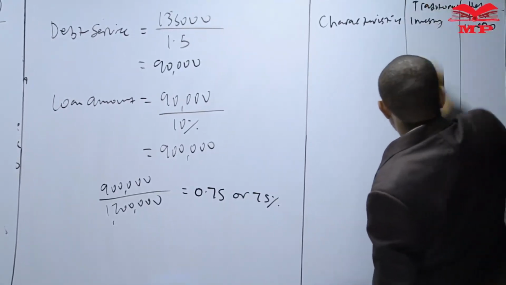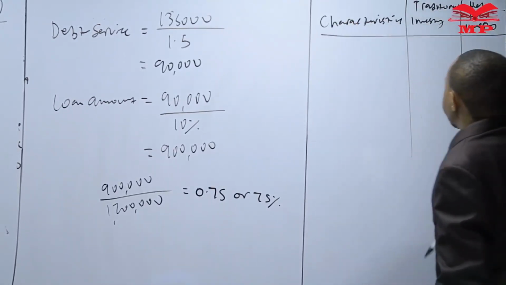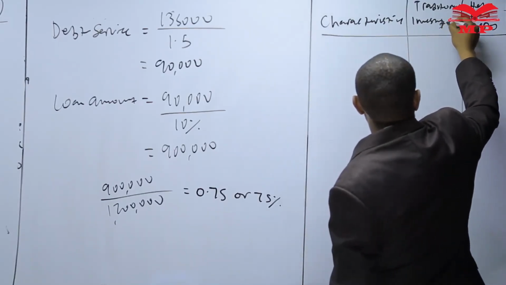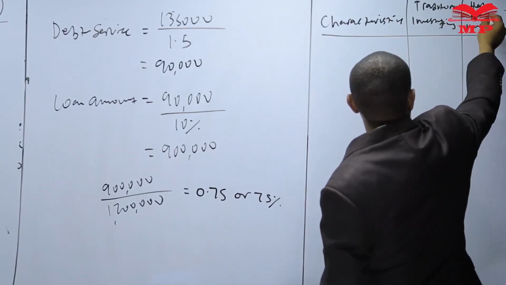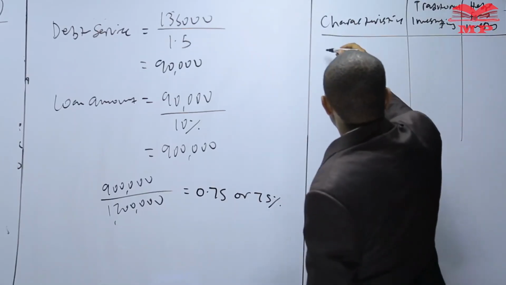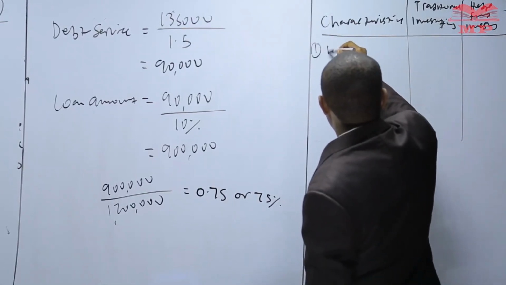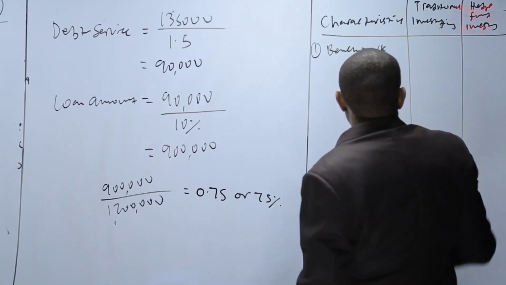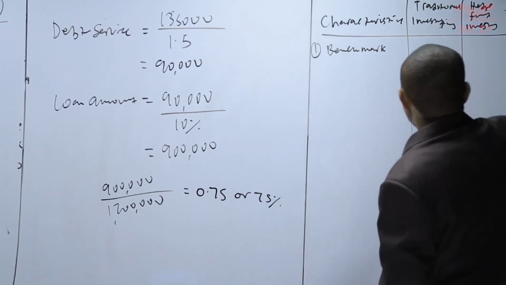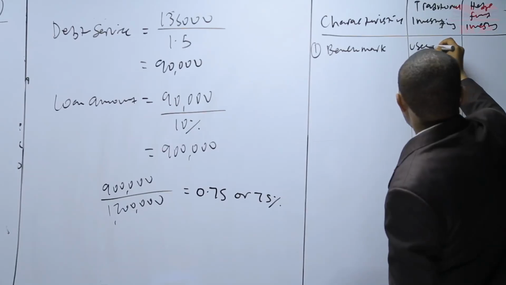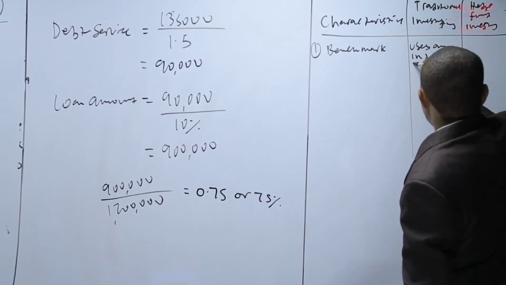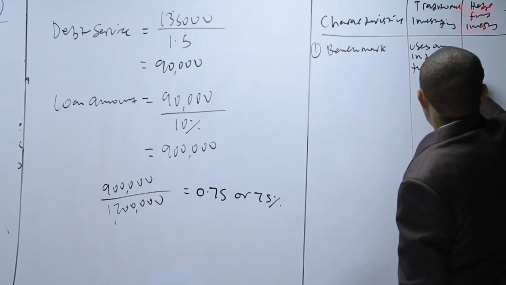We start with number 1, benchmark. Traditional investing uses an index as the benchmark.